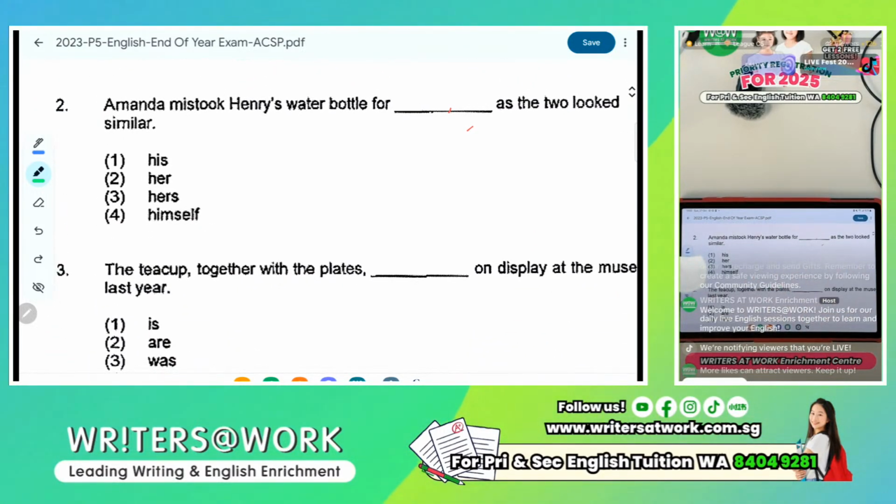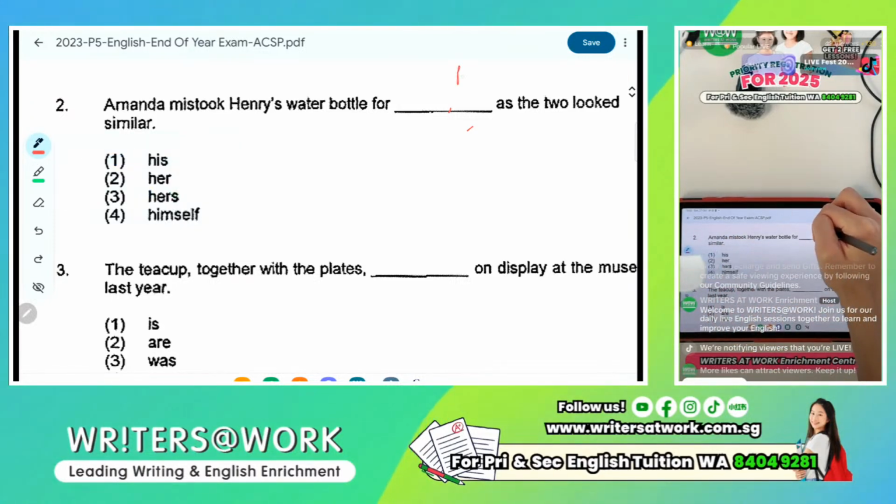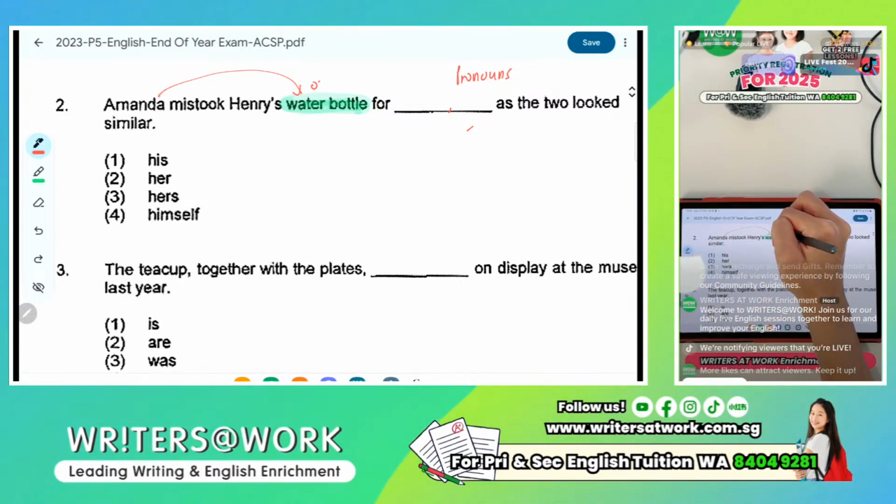Amanda mistook Henry's water bottle for dash as the two looked similar. Over here, we're interested in pronouns. So let's take a look at the keywords. Amanda mistook Henry's water bottle for dash. So we are looking at Amanda owning the water bottle.